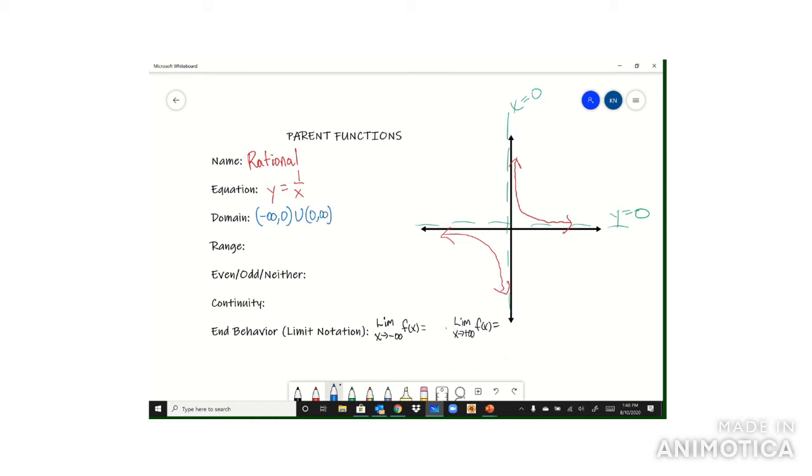Now, if you're lazy, sometimes your teachers will let you get away with just writing x cannot equal 0. It's the same thing.